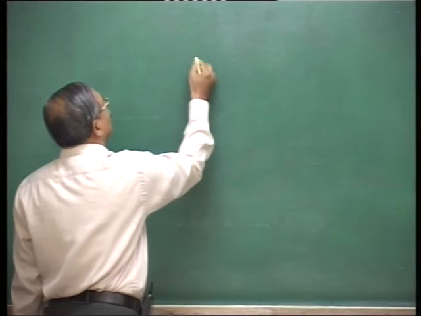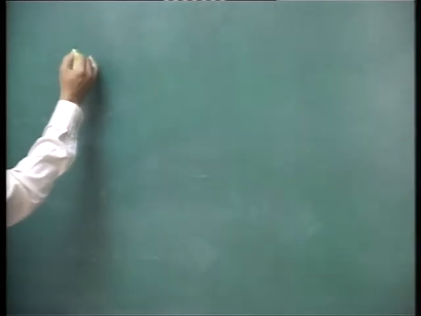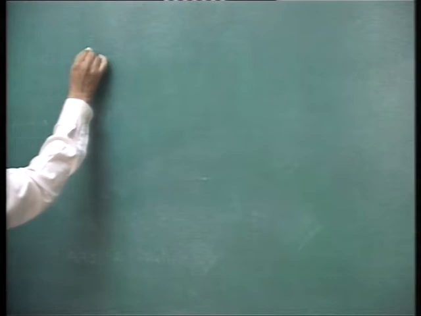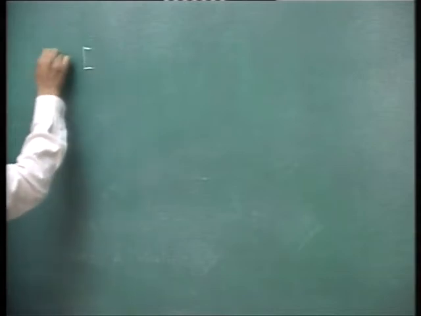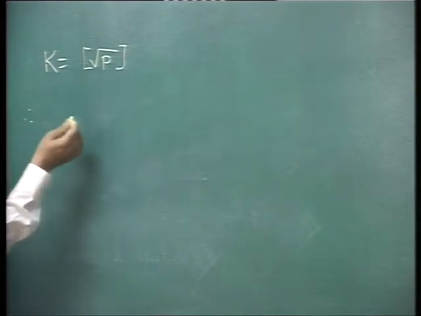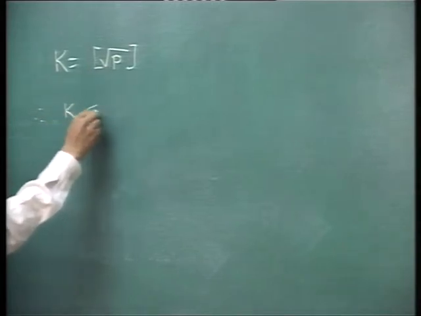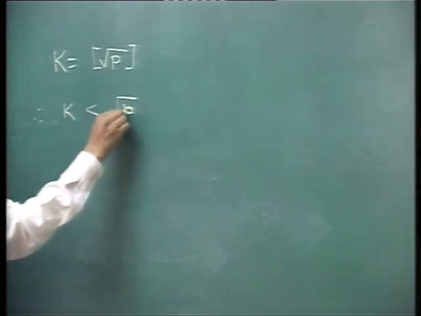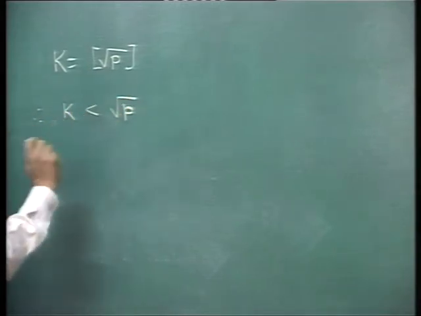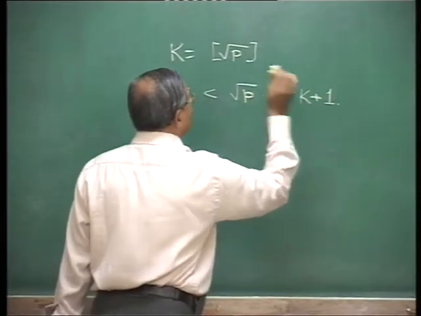So, here capital K is equal to the integral part of root of p, and therefore K is less than or equal to root p, but we can take it less than K plus 1.